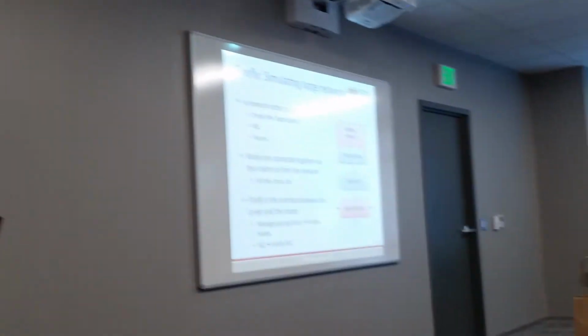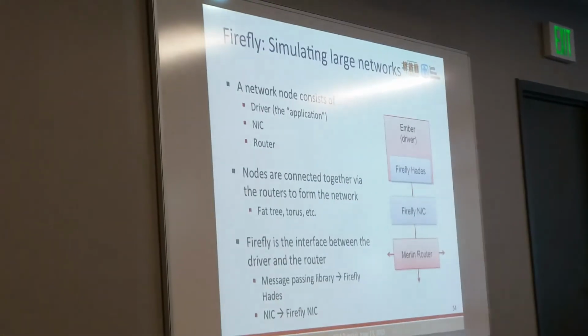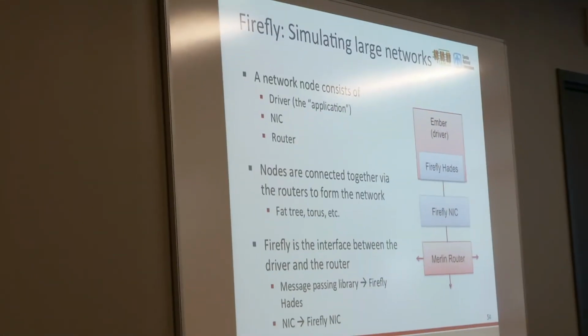And then those point-to-point communications are passed to the Firefly component, which is actually simulating a NIC. So there it simulates packetization, will deal with the flow control as it communicates with the actual router, and also deal with things like message ordering semantics and things of that sort.